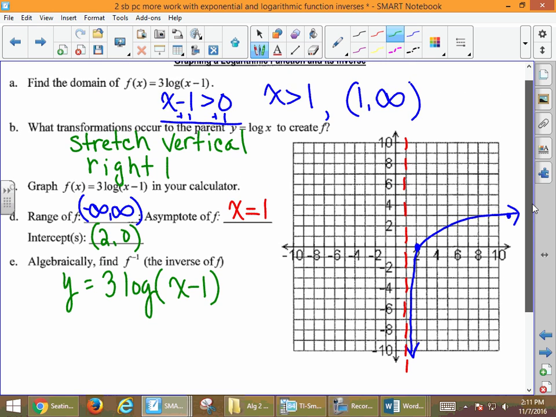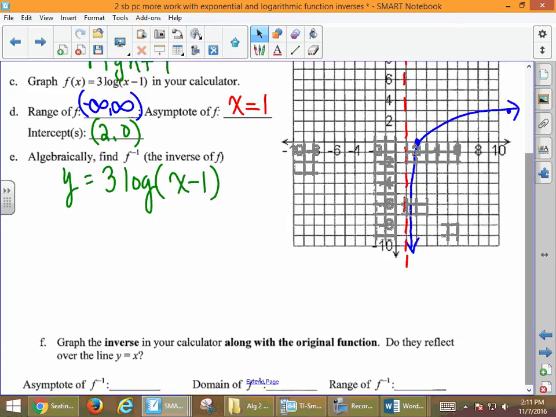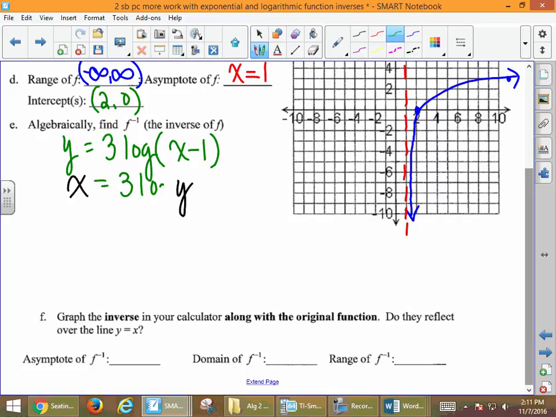Same problem that we started with back there in A. Remember, when we're dealing with the inverse, we're going to switch the domain and the range. So x is going to go where y went, and y is going to go where x went. So it's going to be x equals 3 times log of y minus 1.